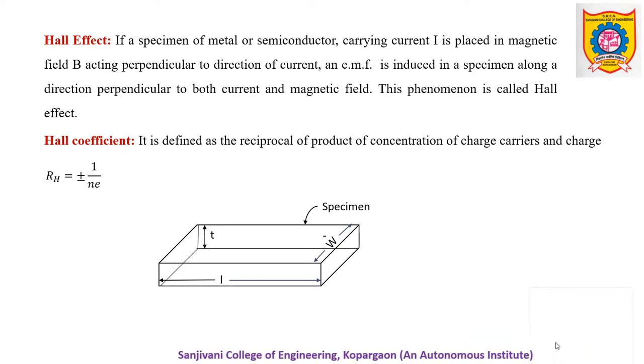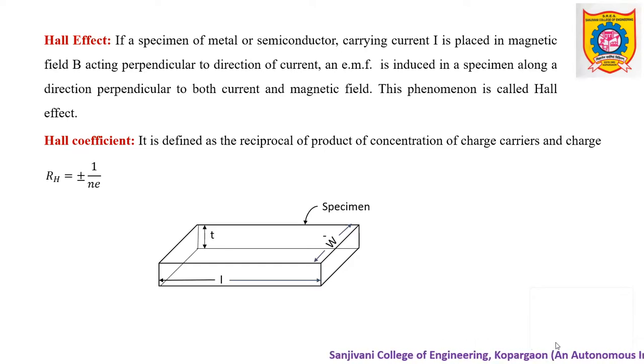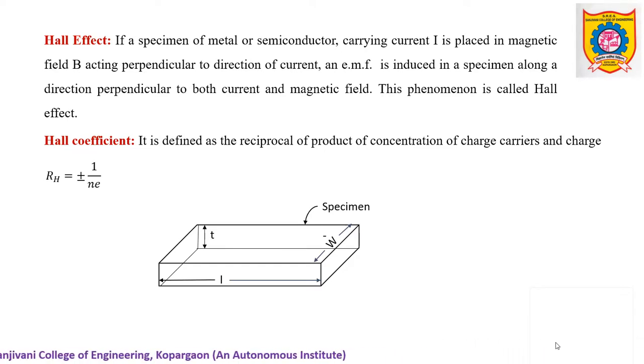Now the next requirement is the specimen is carrying current I. Specimen should carry some current. Now tell me, if we just consider a specimen, will it automatically carry current? No. The specimen should be placed in electric field. That means it should be connected with some external electric circuit.